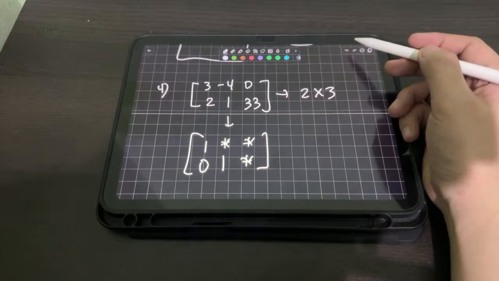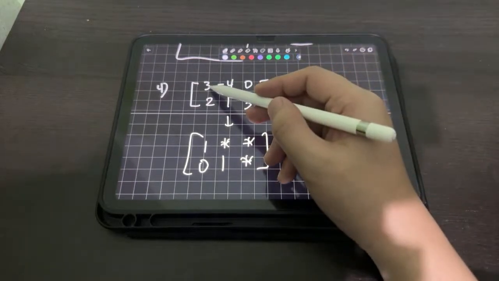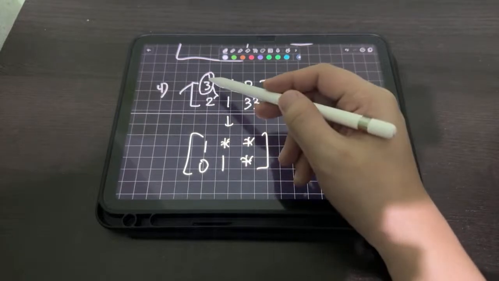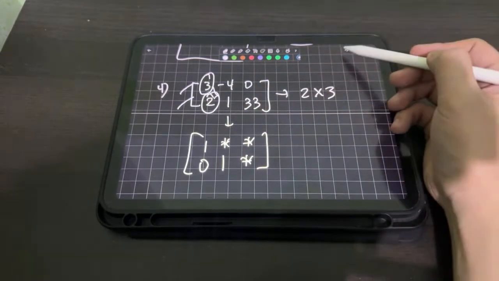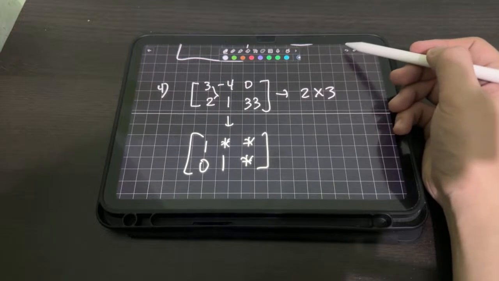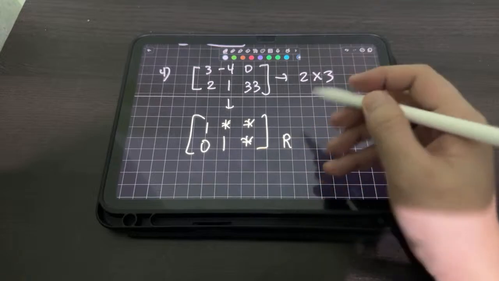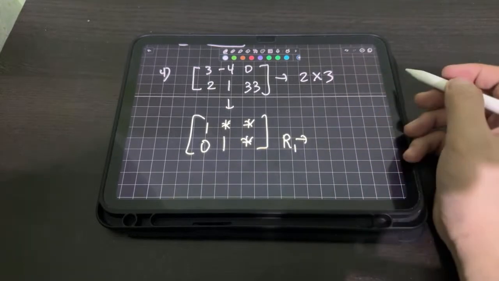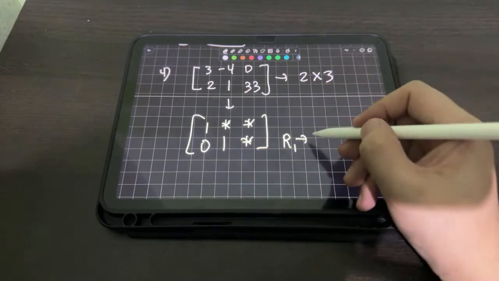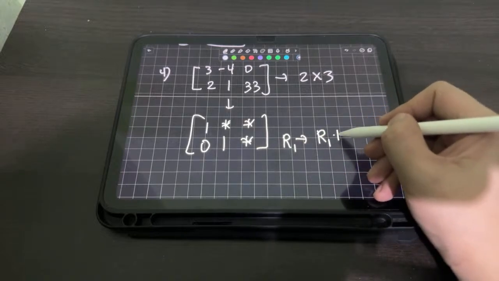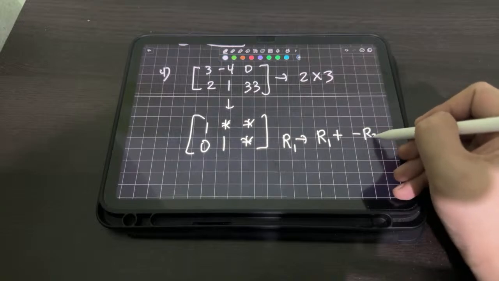Notice that we can create 1 from the entries in row 1, 3, and in row 2, 2 by subtracting, just like in the previous problem. So the operation that we will perform is R1 plus negative of R2.